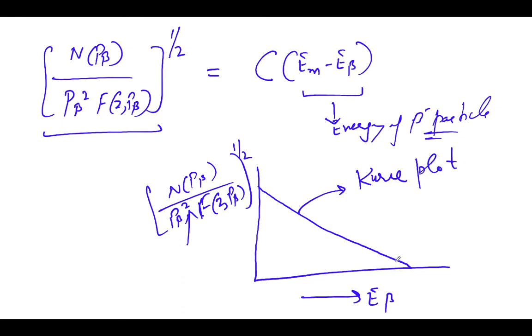because the value of this Curie plot is different for different particles, and this gives the value of the maximum energy of the emitted beta particle. If it is varying for this value, this is for beta plus, and if it is going somewhere here, then it is for beta minus. So this change in energy for beta plus and beta minus is identified from this Curie plot.